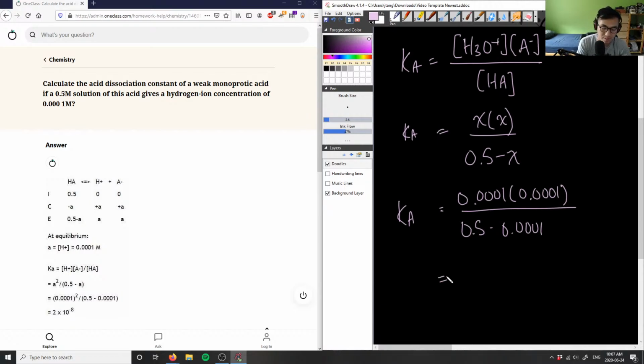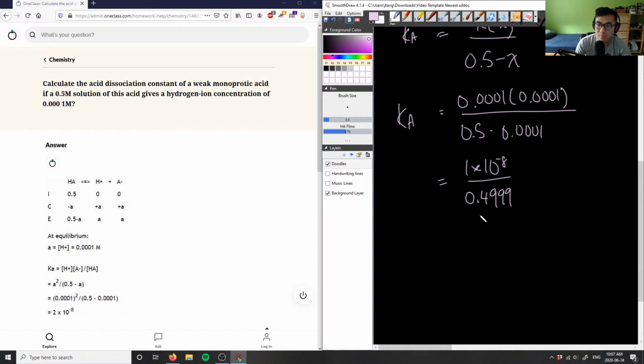So let me type that into the calculator for you. I have 0.0001 squared, because I'm multiplying it by itself. I'm going to get 1 times 10 to the negative 8. And then I have 0.5 minus 0.0001. I'm going to get 0.4999. So you can think of it as simply multiplying by 2 here.